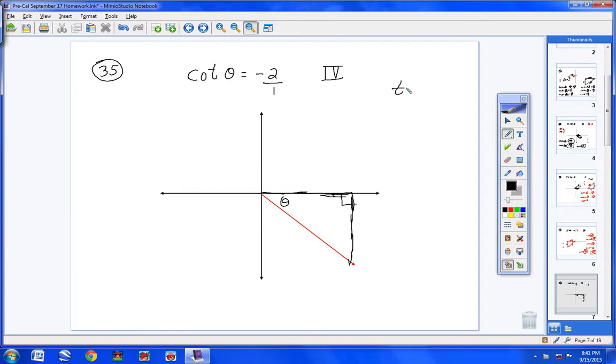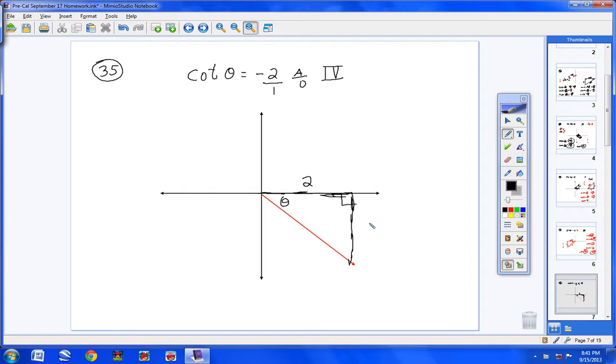Now, tangent, don't forget, of theta would be what? TOA, opposite over adjacent. And we know cotangent is the inverse of that, right? So if tangent is opposite over adjacent, then cotangent would have to be adjacent over opposite. So here's theta. My adjacent side would have to be 2.